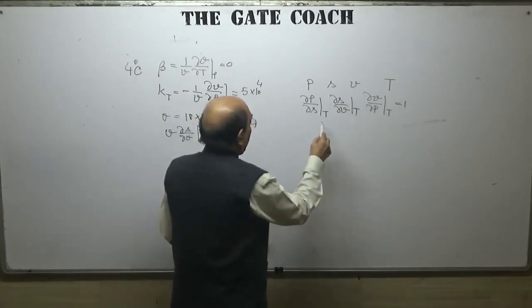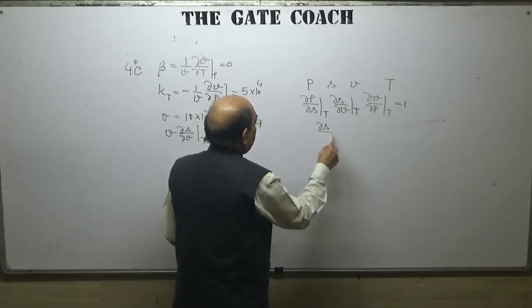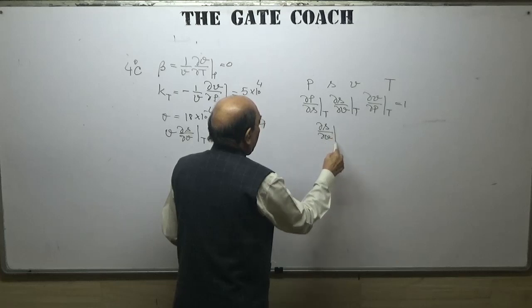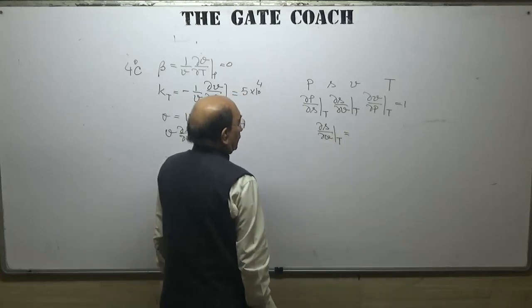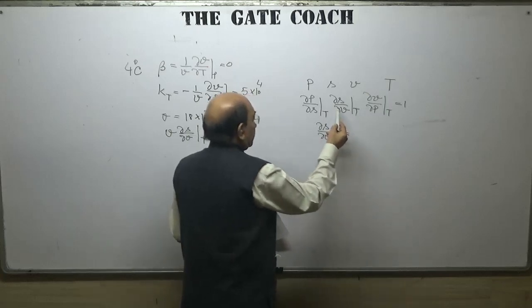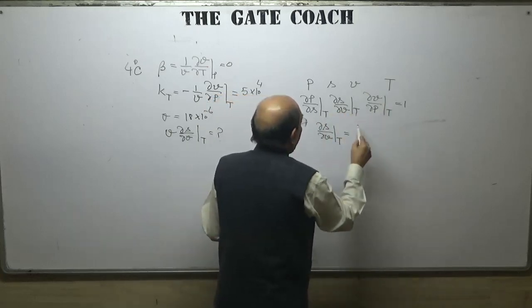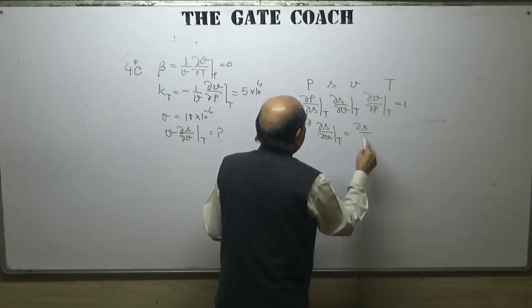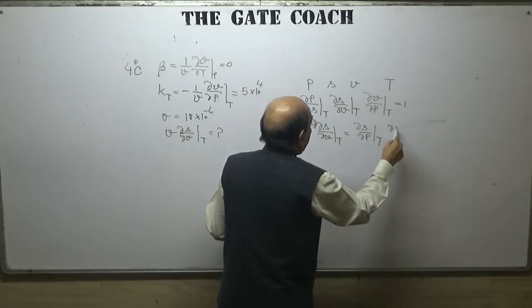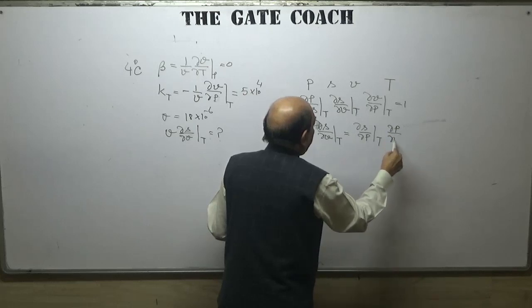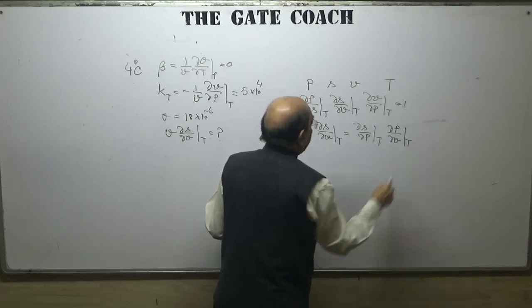What I require is del S by del V at constant temperature. So this term going on this side, del S by del V equals del S by del P at constant temperature into del P by del V at constant temperature.